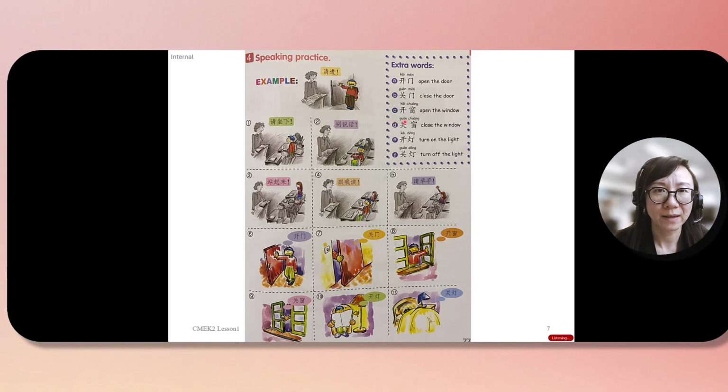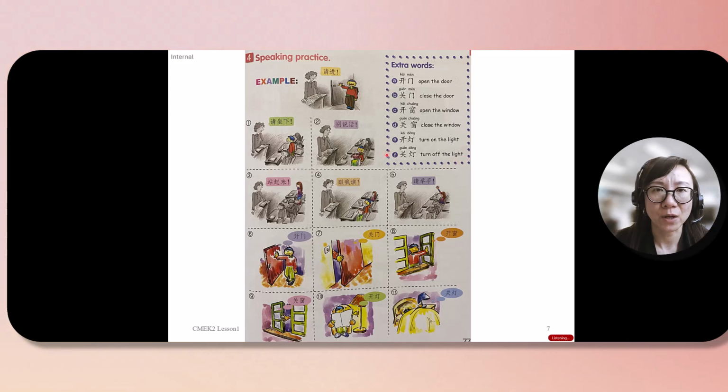C, 开窗, open the window. And D, 关窗, close the window. And E, 开灯, turn on the light. And F, 关灯, turn off the light.